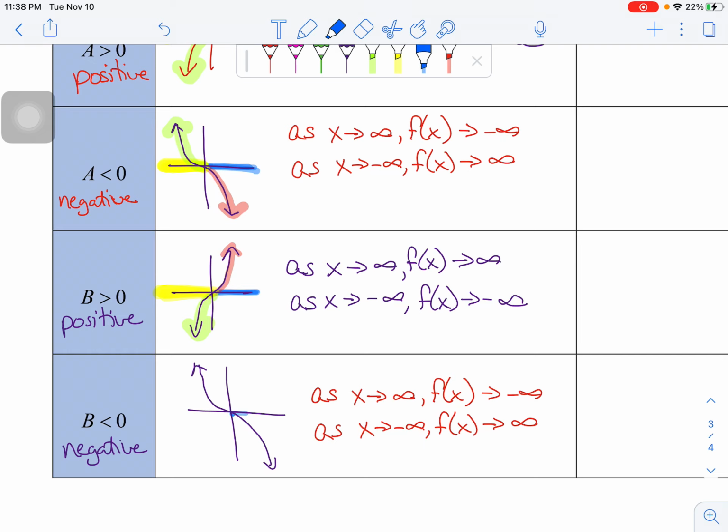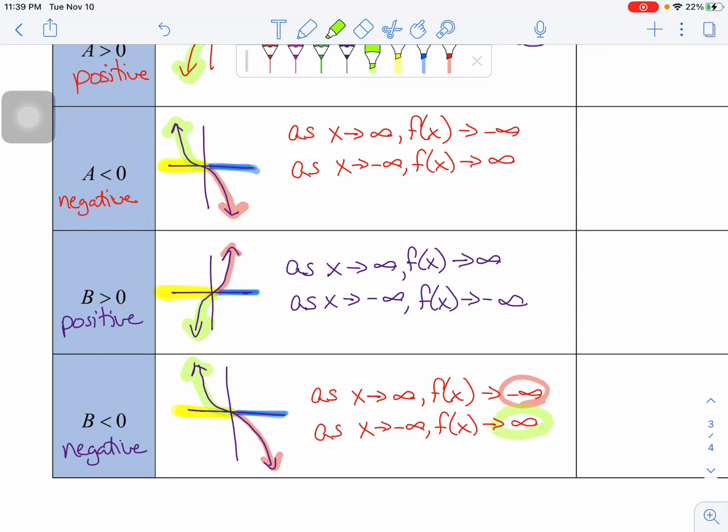Graphically, as we move from the origin to the right, our graph is going to negative infinity. And as we move from the origin to the left, we are going to positive infinity. So that's what's happening with your odd degree functions.